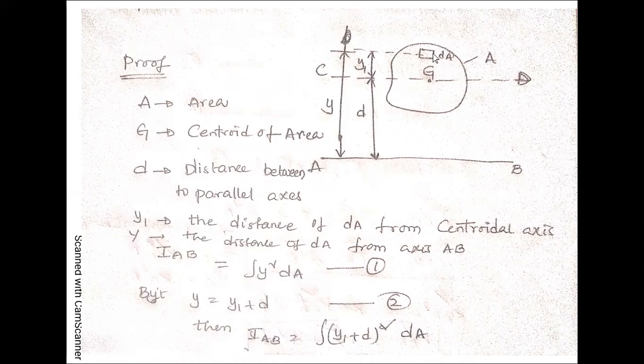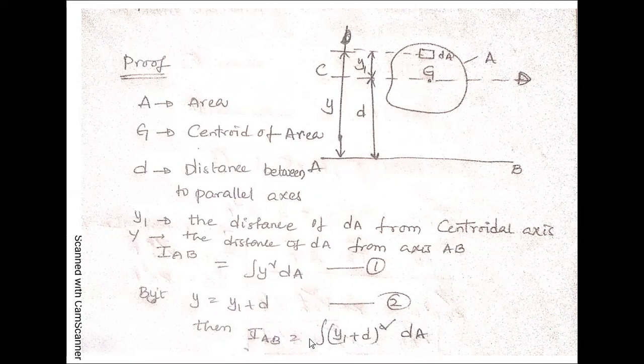Here the distance between the element and the reference line is y. So integral y square dA, and this y you can write as y1 plus d. So y is equal to y1 plus d.